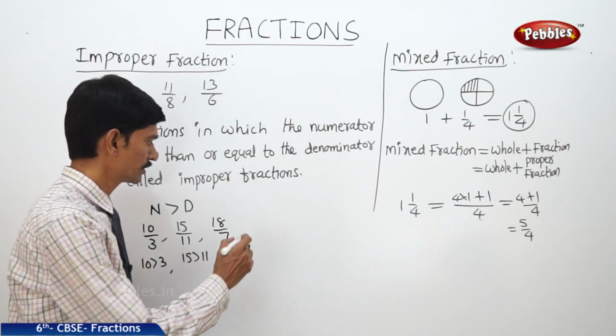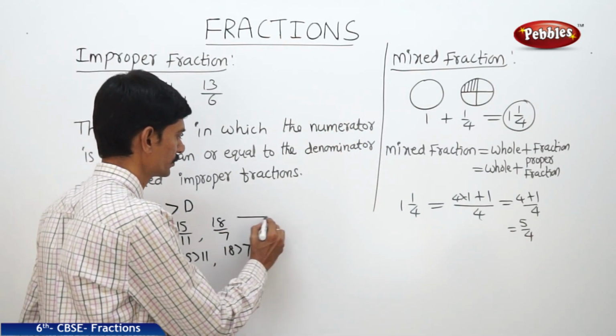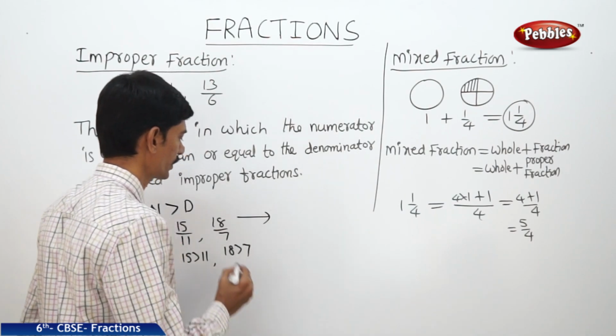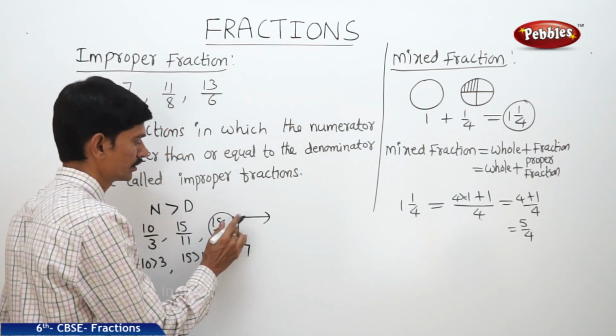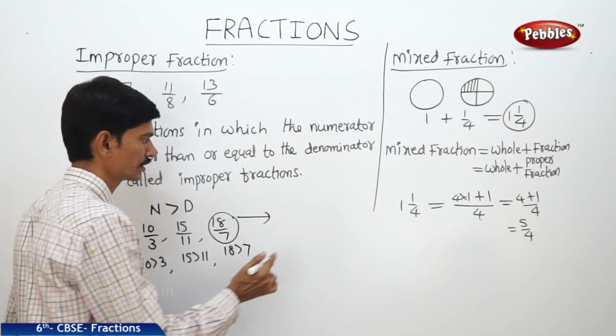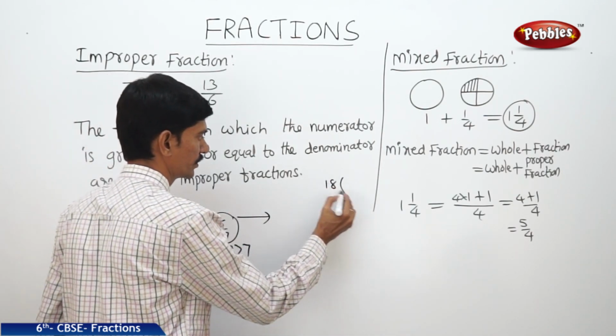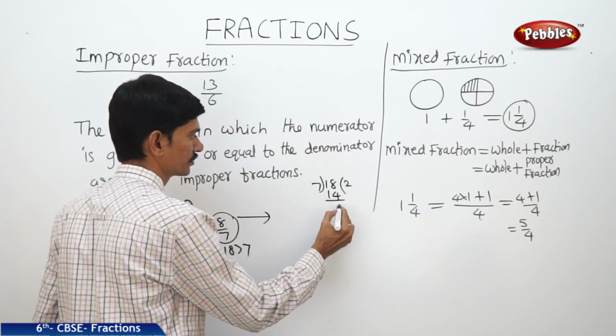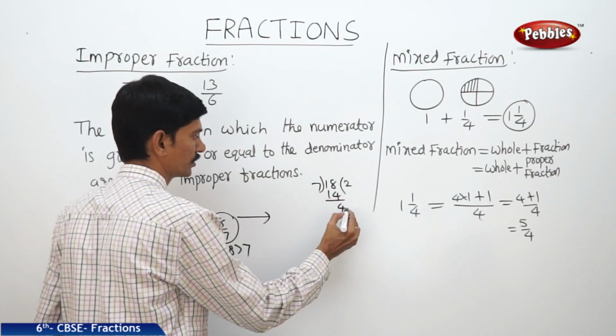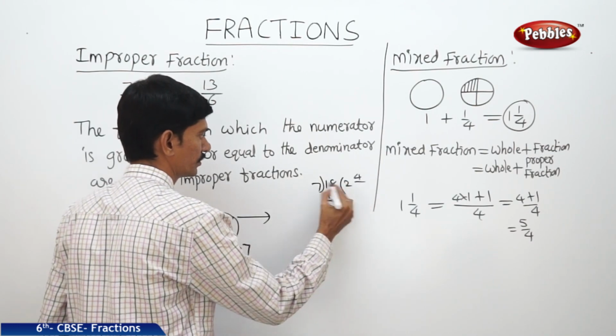Now you can convert any improper fraction into a mixed fraction. So here if 18 by 7 has to be converted into a mixed fraction, then we have to divide 18 by 7. So 7 2s are 14 and the remainder is 4. Then this 4 by 7.